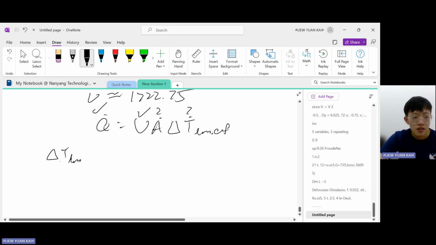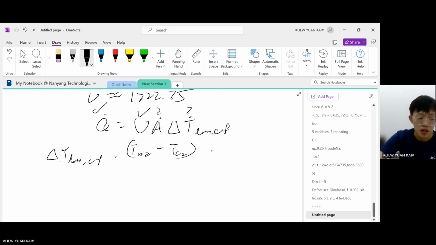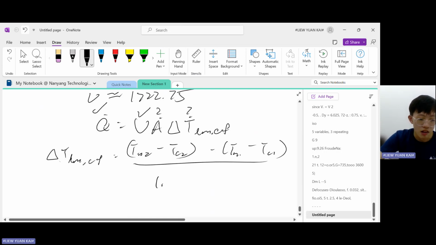The formula is given by this: (T_h2 minus T_c2) minus (T_h1 minus T_c1), divided by the ln of the first bracket divided by the second bracket.